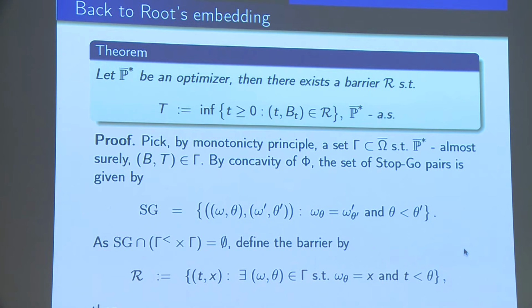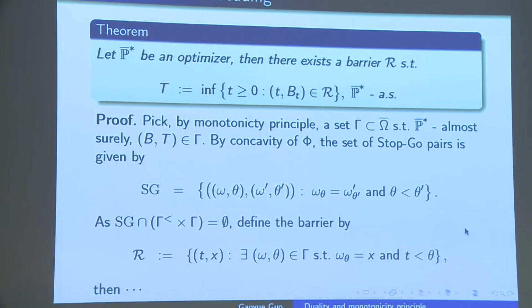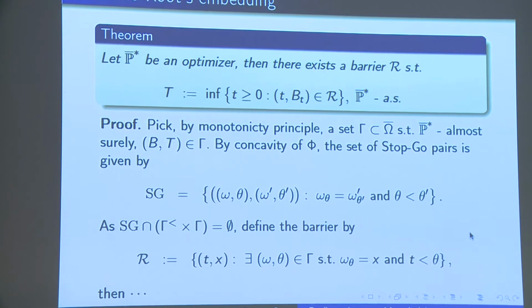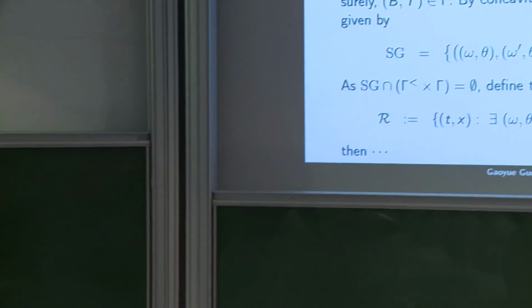And by the monotony principle, this intersection is empty, so we may deduce easily that the barrier must be written in this form. So this can interpret the root solution. And as far as I know, other embeddings that enjoy the optimality in the literature can be interpreted by this unifying principle.